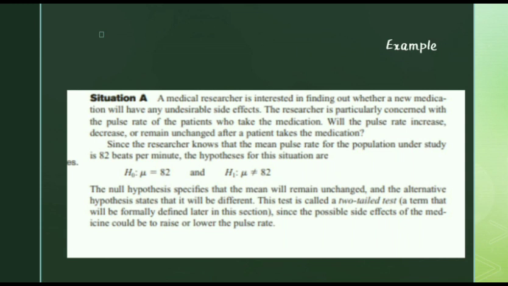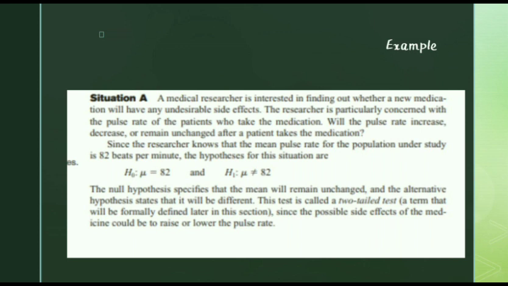Since the researchers know that the mean pulse rate for the population under study is 82 beats per minute, the hypotheses for the situation are: the null hypothesis, the iyang mean kay is equal to 82, and the alternative hypothesis, iyang mean kay is not equal to 82.